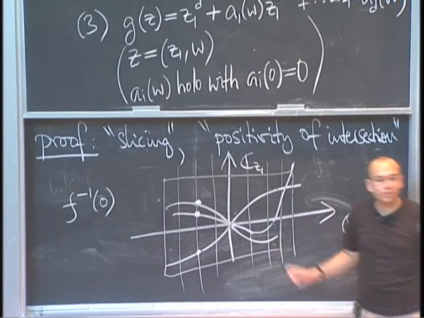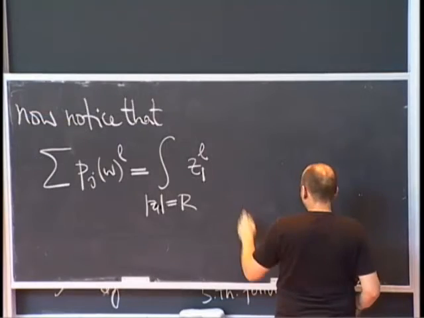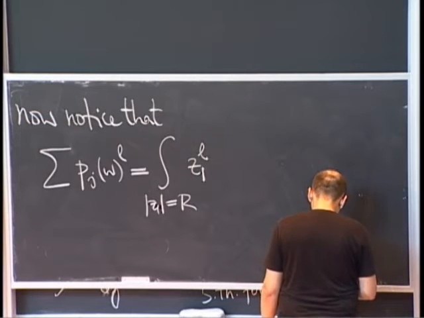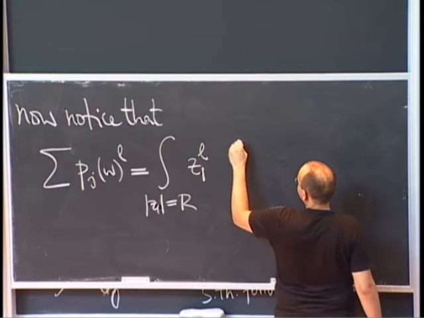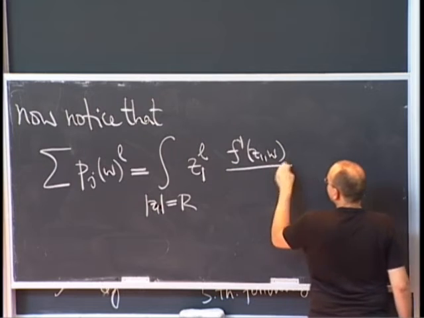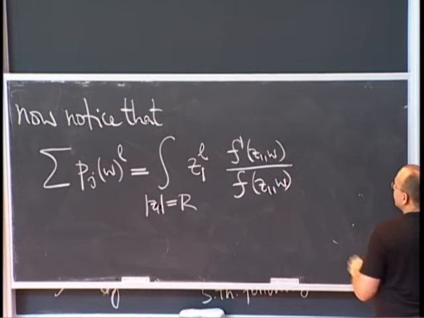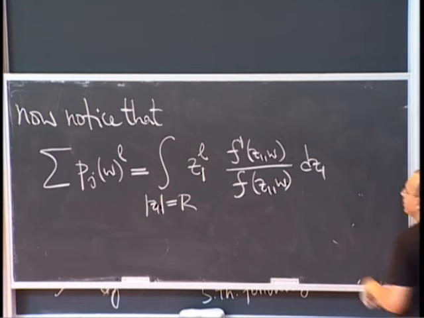It's just a one-dimensional contour integral. And, you know, if you want, that's a residue theorem, something like that. It tells you that this is actually equal to the contour integral of Z1 to the L, F prime of Z1, W divided by F of Z1, W dZ1.